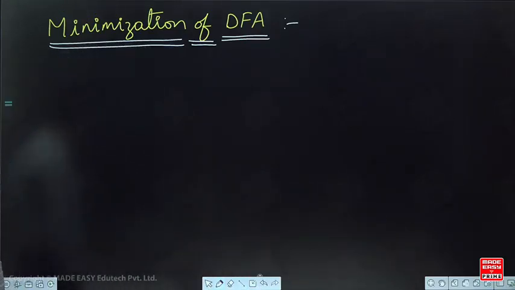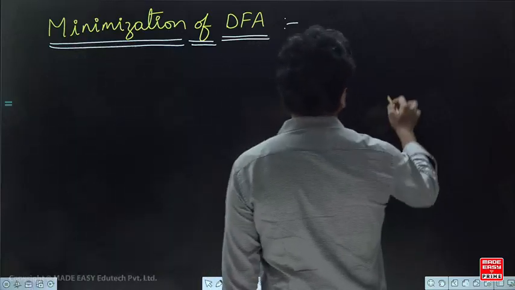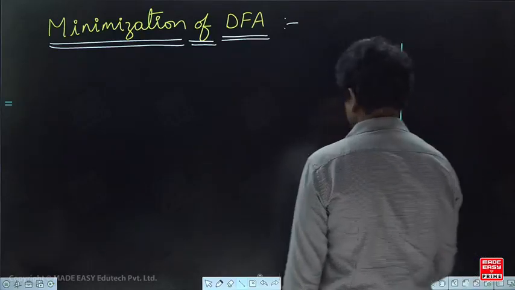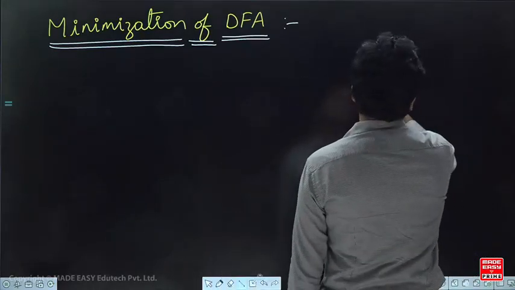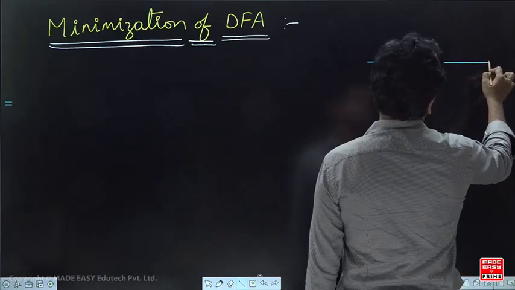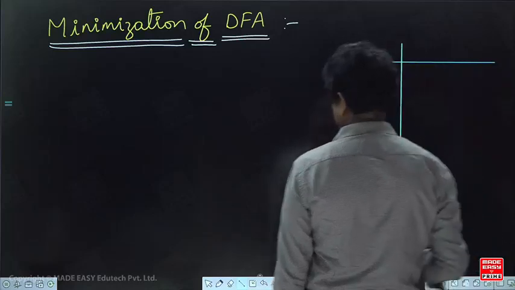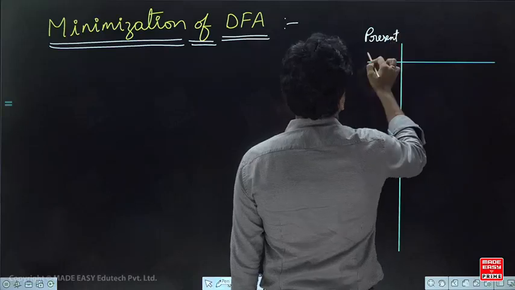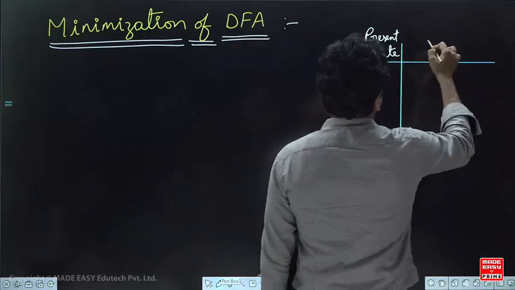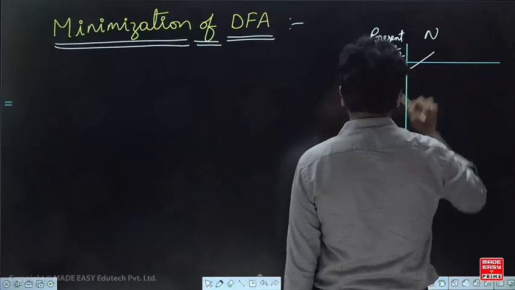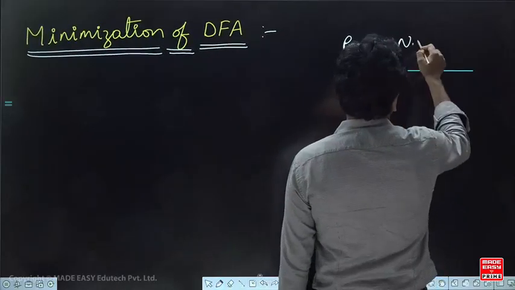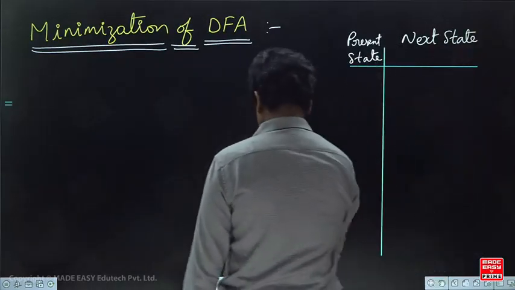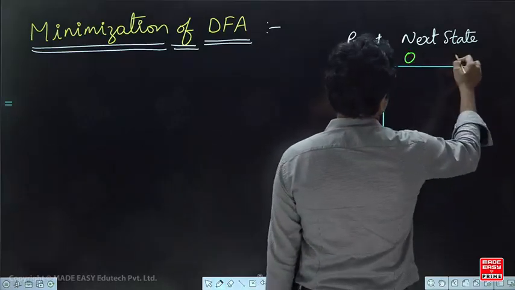Okay, so take this question. Simultaneously I will explain. Present state, next state, 0 and 1.